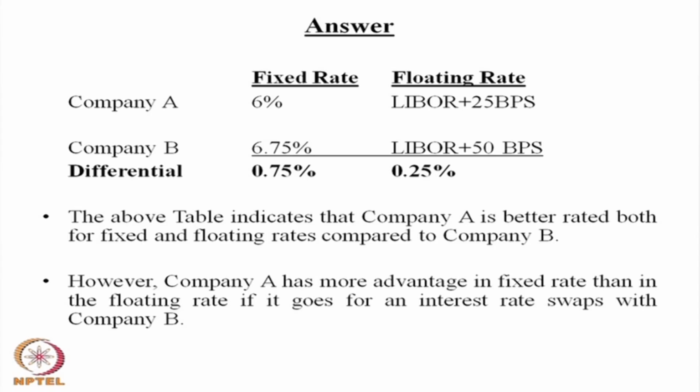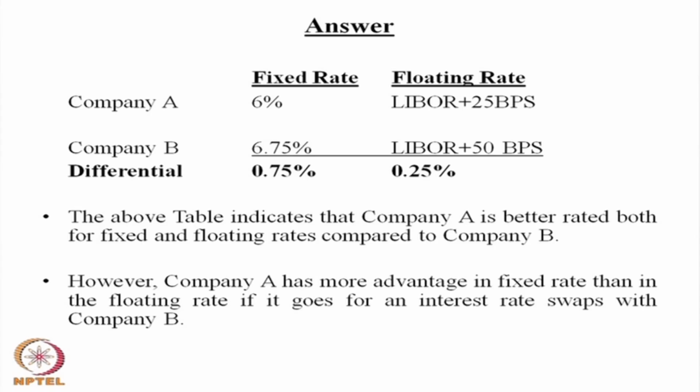Company A has more advantage in the fixed rate than in the floating interest rate, because the differential between the two companies on the fixed side is 0.75%, but on the floating side it is 25 basis points. So, company A is supposed to borrow from the fixed market and transact with company B.